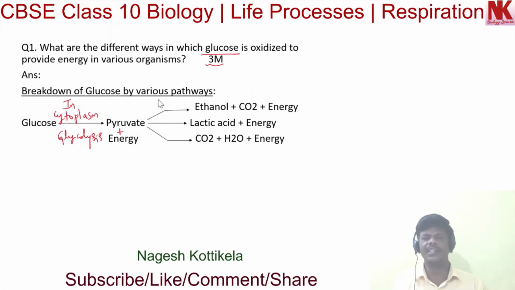Now, pyruvate will further break down into different products in different pathways. If we look here in yeast, in the absence of oxygen, pyruvate will break down into ethanol plus carbon dioxide and some amount of energy is released.